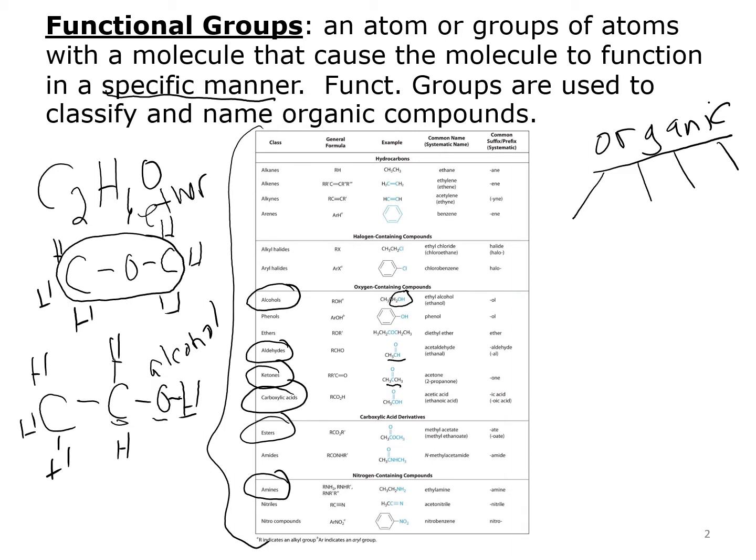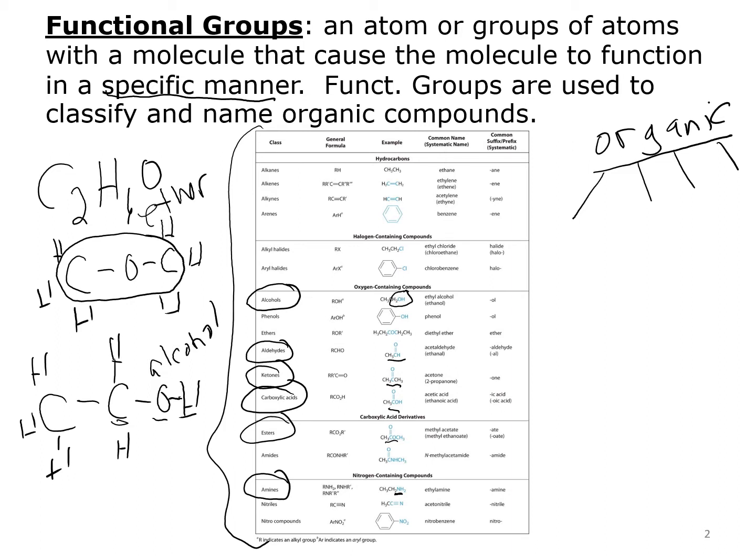The one down here, we have carbon with a double bond to oxygen with carbons on both sides, a ketone. We'll go through each one of these separately. Carboxylic acid, and then we have esters. Notice they all have carbon with double bond to oxygen, but something different on each side of that carbon. Amines are really easy to spot because that's the one that has nitrogen in it. Again, how these atoms are put together means they would function a certain way.